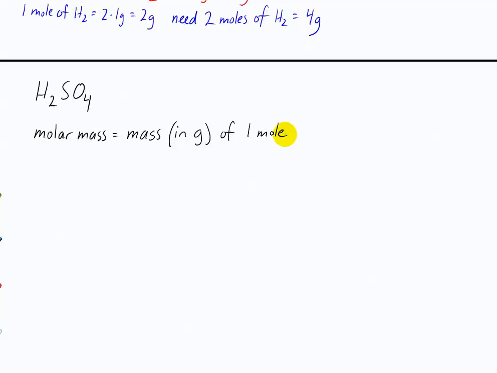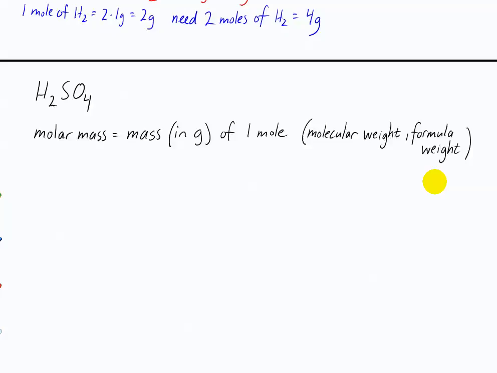You may also hear it referred to as the molecular weight or molecular mass, or the formula weight. These all mean the same thing. Molar mass, molecular weight, formula mass. So the mass of 1 mole.